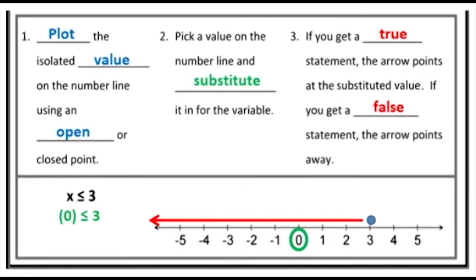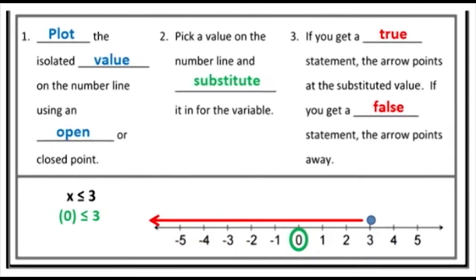We graph our inequalities this way because it shows us where all of our solutions are located. Inequalities do not have one solution like equations. In this case, all values to the left of 3 are solutions and could be substituted into the inequality for a true statement, including 3, since it is less than or equal to.